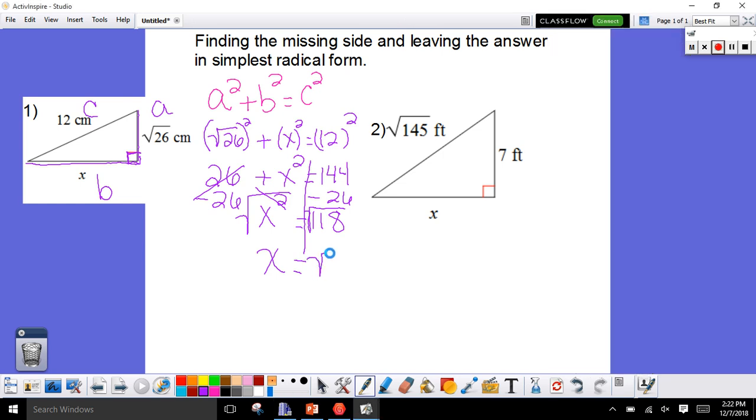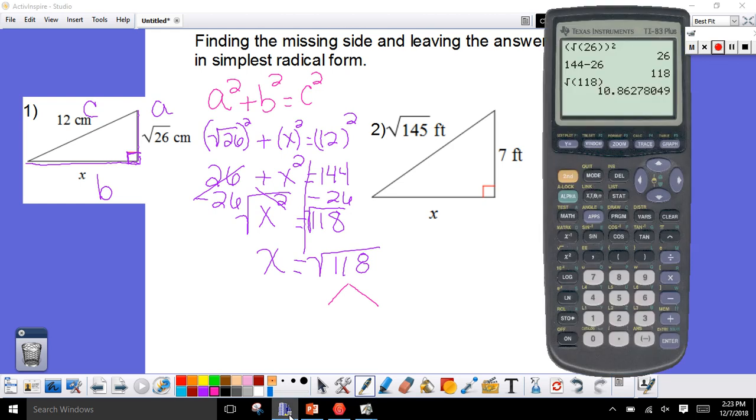So once I have the square root of 118, I am going to try and find the simplest form of this radical. Remember in class I showed you guys how to separate the numbers, so I'm going to try to find two numbers that multiply to 118.